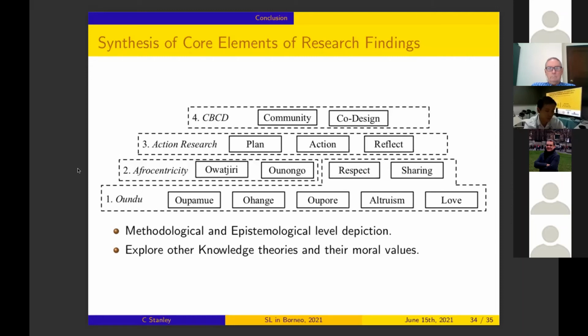You cannot even talk about Afrocentricity to construct knowledge. And then you cannot even take your action research or whatever type of methodology or method you are using. You see, the community-based co-design is at the top, but what is very important is Ubuntu and building up all these. So that's what we came up with through our studies.